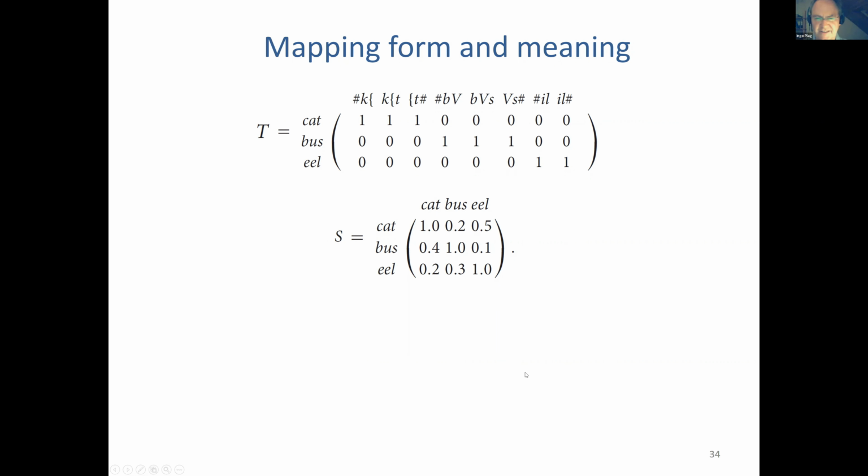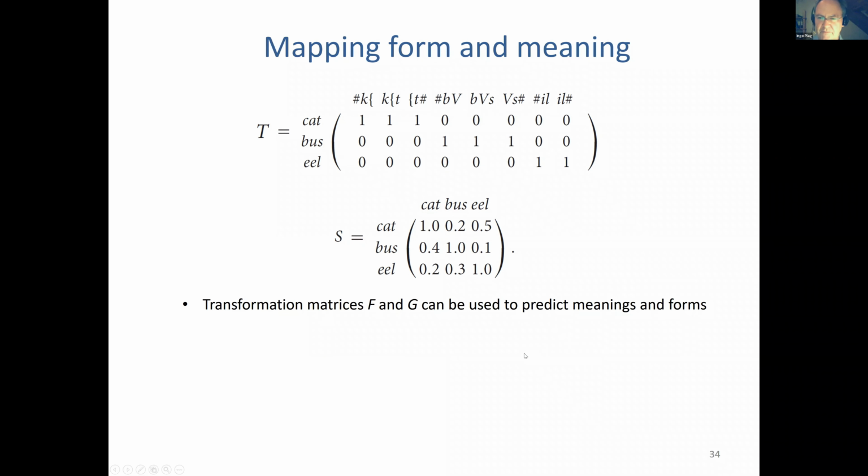That's just a standard way of representing semantics as vectors. And you can then use transformation matrices, F and G as they are called, to predict meanings and forms.